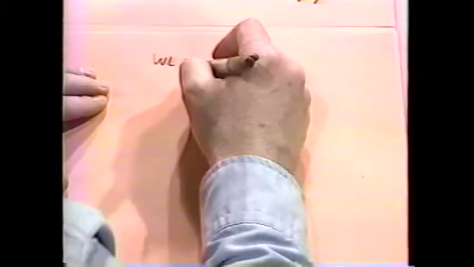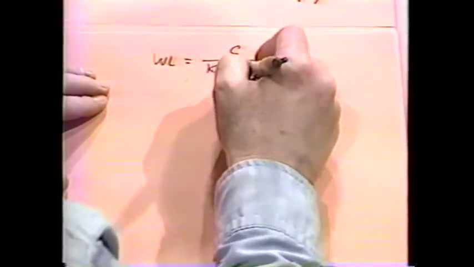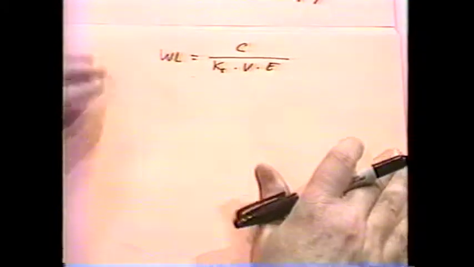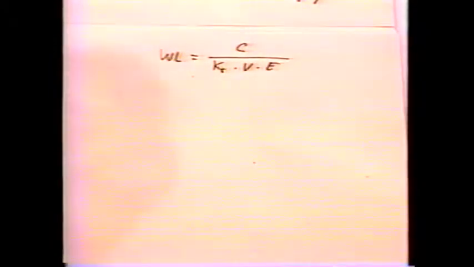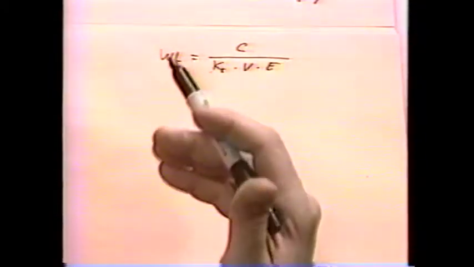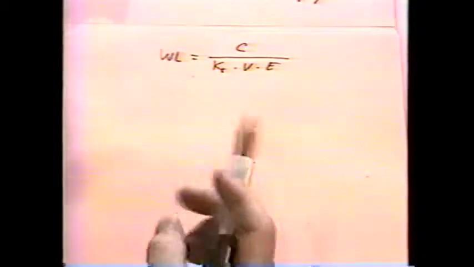Let me just rewrite the equation here so we have something neat to look at. Again, the working level is the net counts over KT, V, and E. And actually we have everything except KT. And for that, all we have to do is determine how much time passed between the time we stop the flow meter and remove the filter to the time we put it on the monitor that's going to measure the counts per minute off of that filter paper.